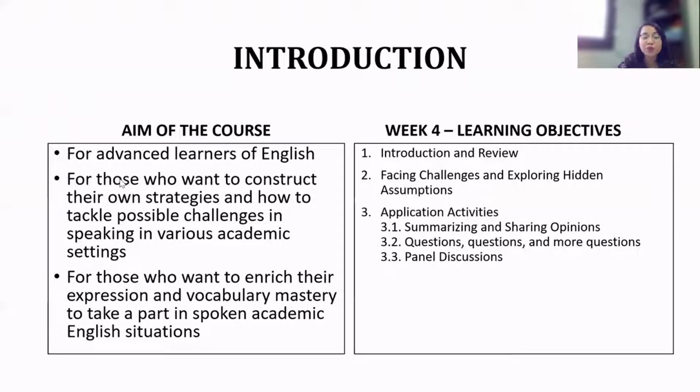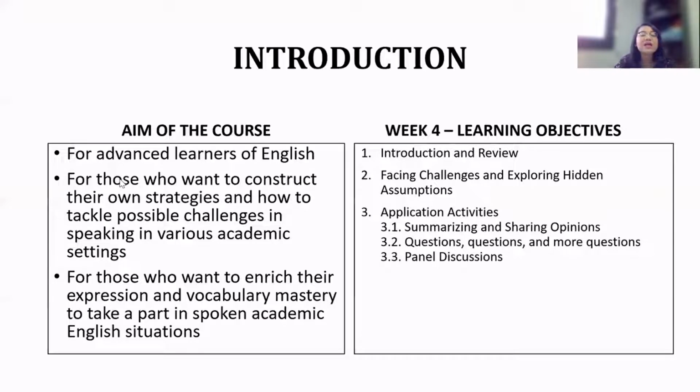And then in section 2, we are going to find out the challenges and hidden assumptions in participating in small group setting, right? Actually, this section is the same as the one you had in the previous lecture. But I'm mistaken, it is in meeting 2.